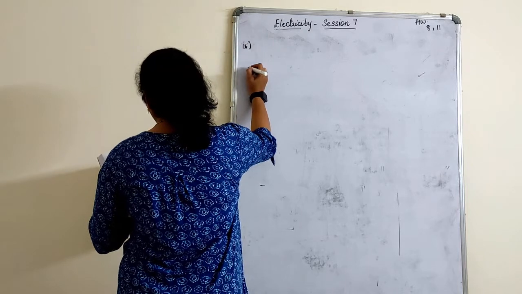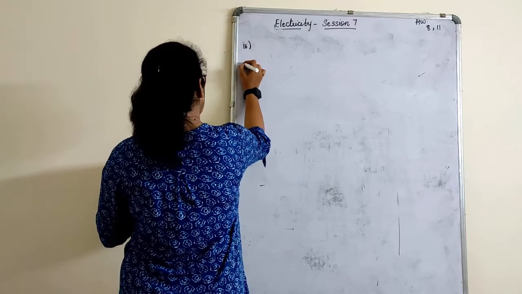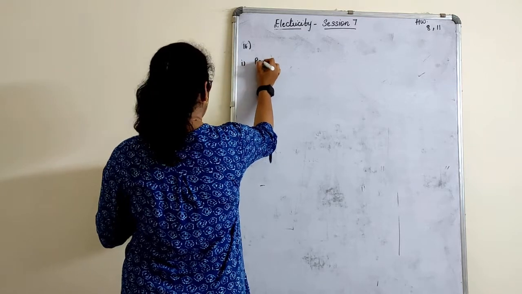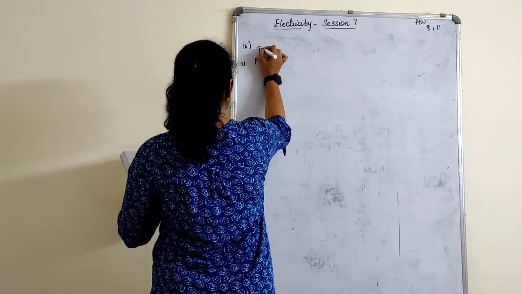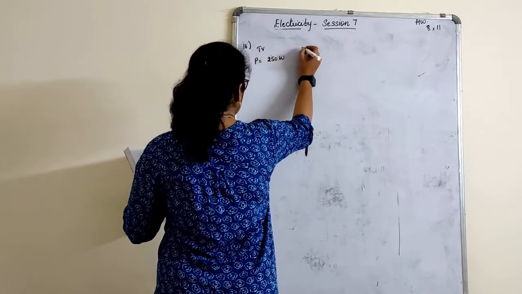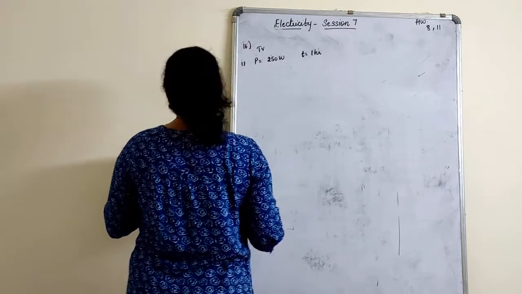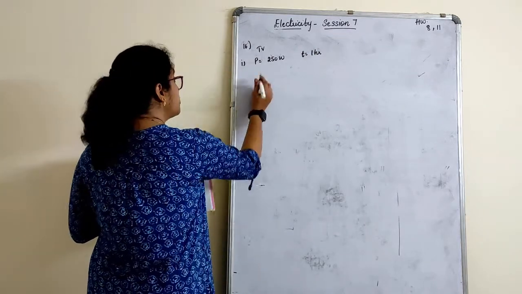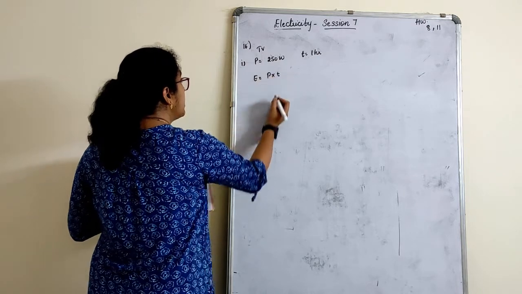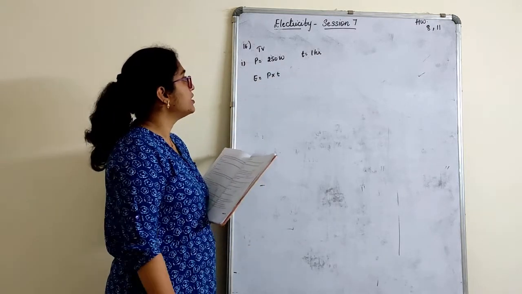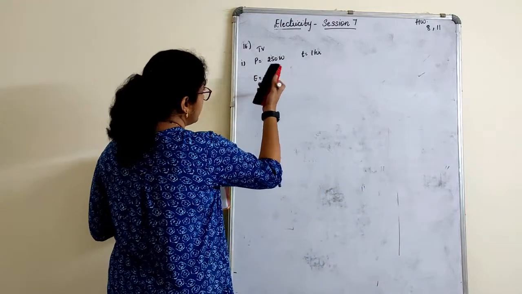Which uses more energy? The first part has a power of 250 watt. This is a TV, used for 1 hour. So let us calculate which uses more energy. Energy is equal to power into time. I had told you to convert energy in terms of kilowatt hour whenever we calculate energy.